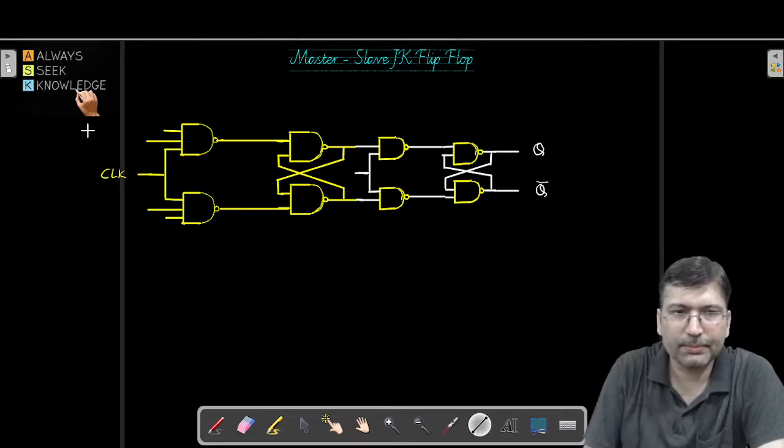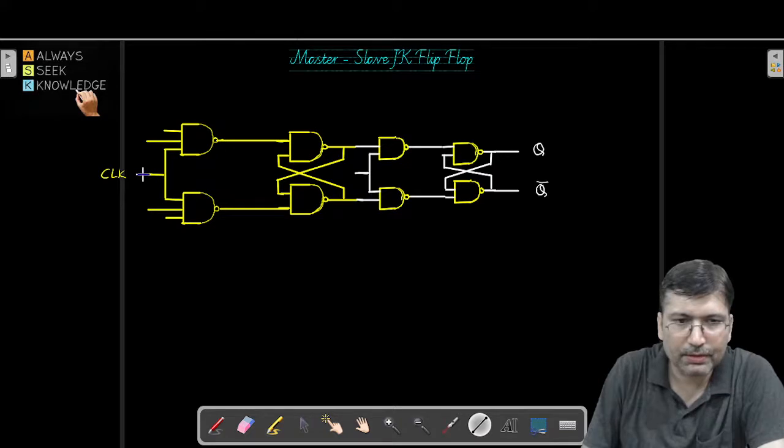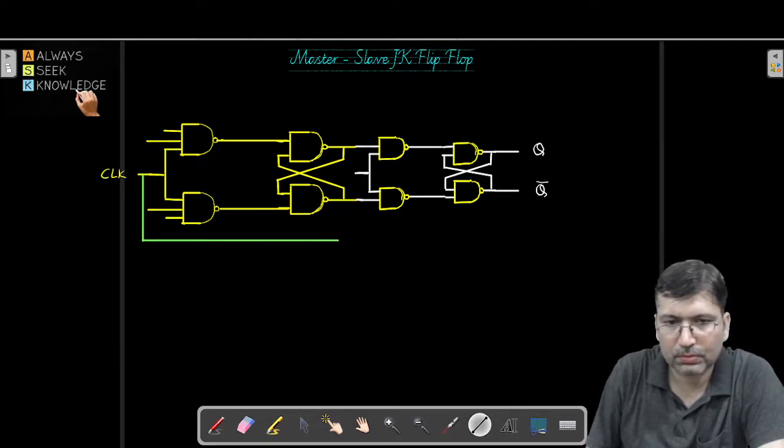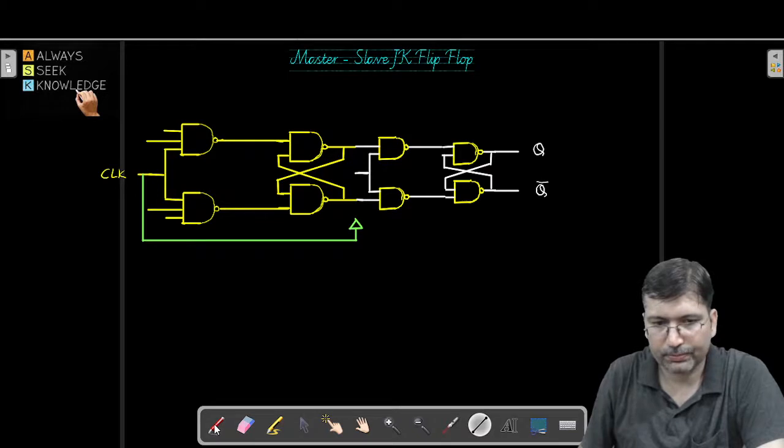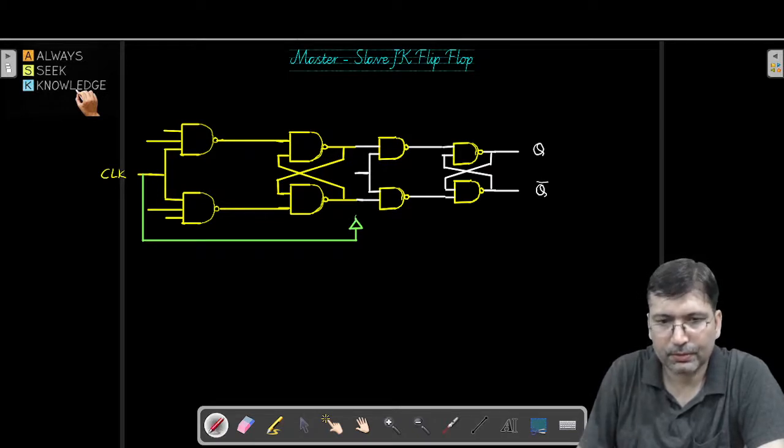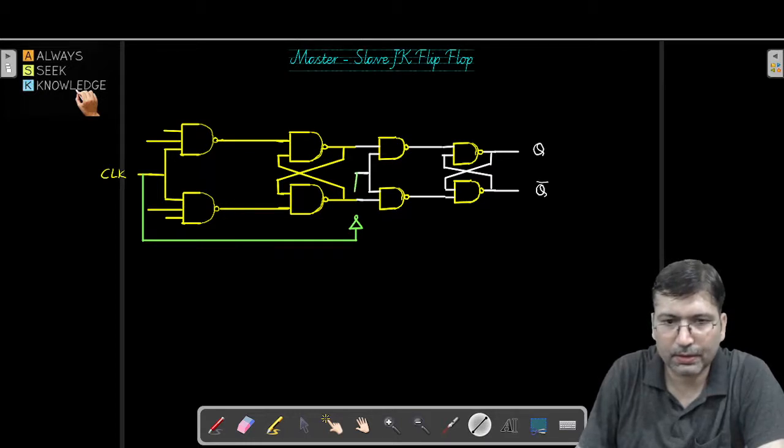Let's say we are connecting this clock with this clock with the help of a NOT gate. We just complement it and we are passing this to the next flip-flop. So this is negating and then we are passing it here like this.